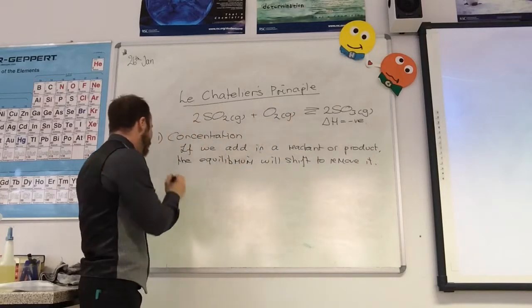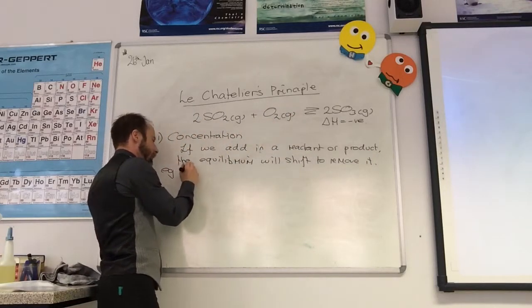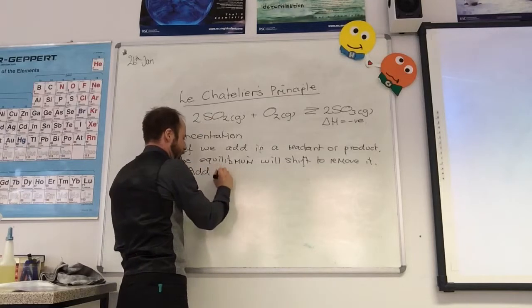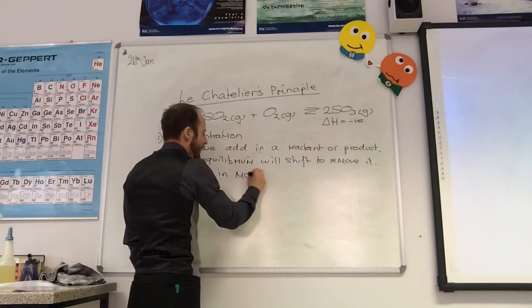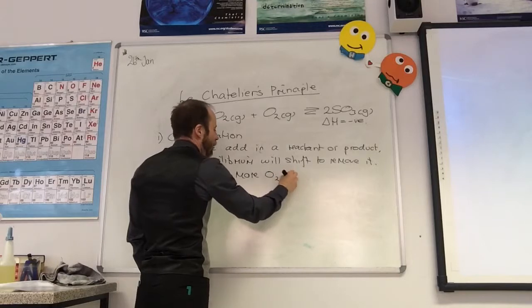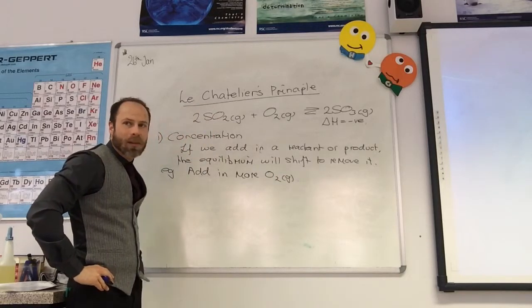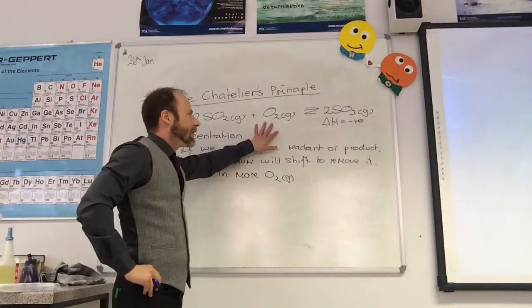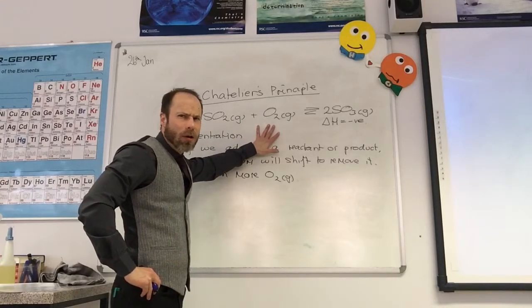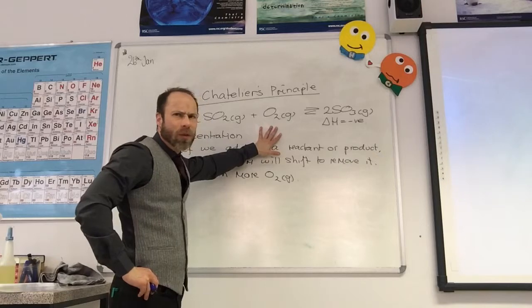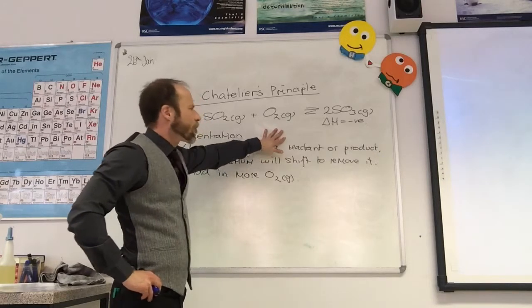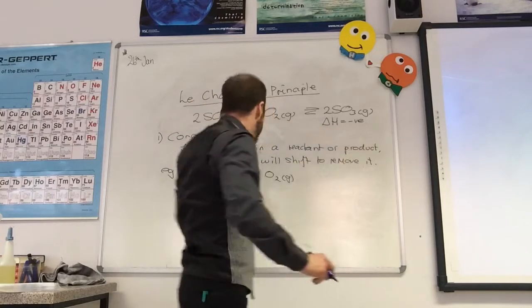So, e.g., what would happen if I add in more oxygen gas? I'm adding in more of that. The equilibrium will go, whoa, you've added more oxygen in. What does it want to do? It wants to remove it so it shifts to the right. Fabulous.